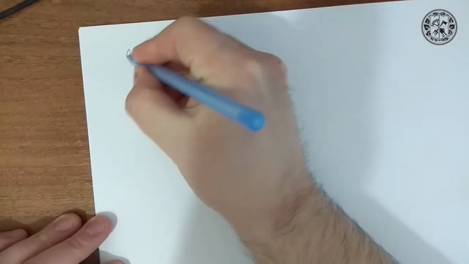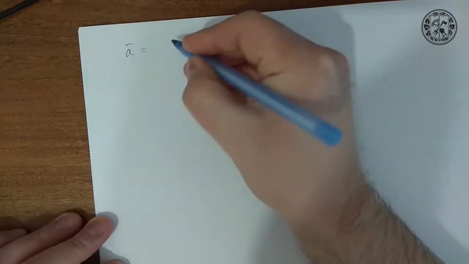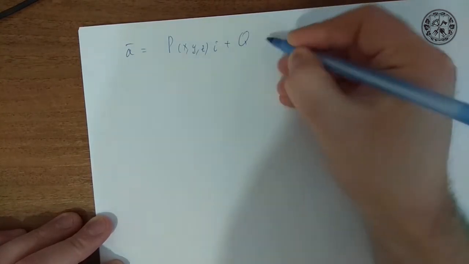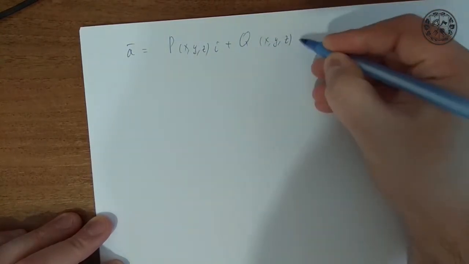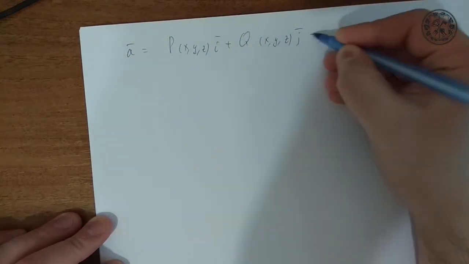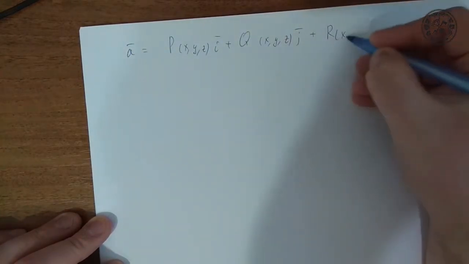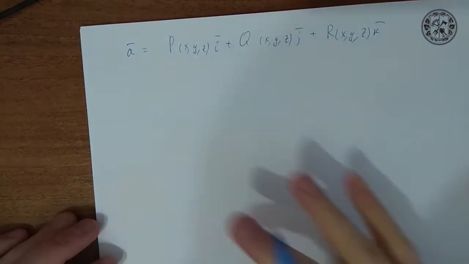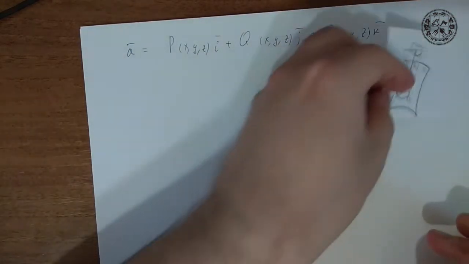Now let us consider a field of speed or vector function P of x, y, z i plus Q of x, y, z j plus R of x, y, z k that flows through some surface.